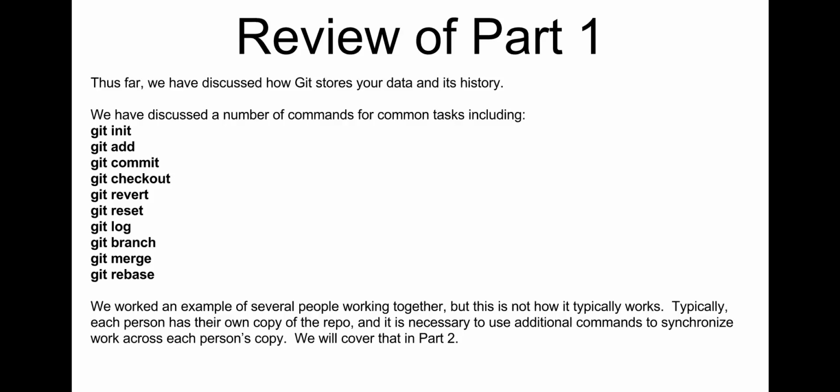And rather than having several people working on a single Git repo, what typically happens is each person has their own copy of the repo, and each person does their work on their copy, and then they have to merge across multiple versions of the different repo back to a master copy. And that is what I'm going to talk about in part 2.